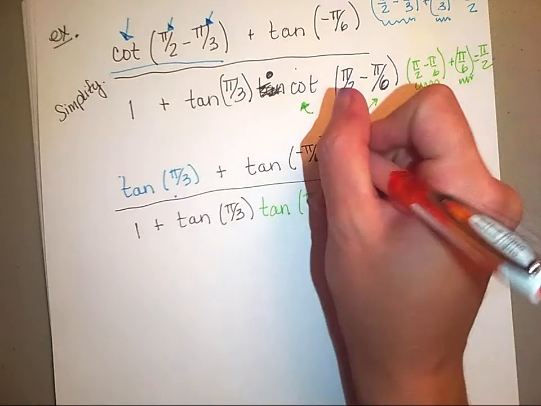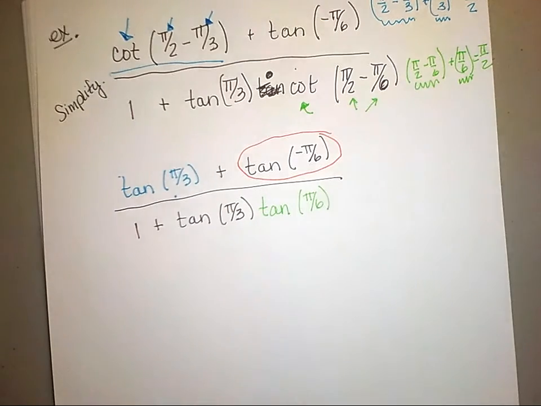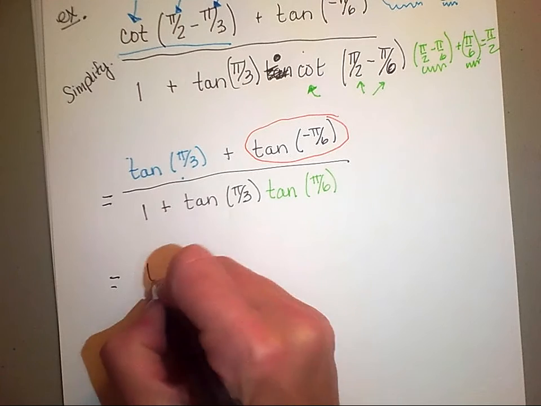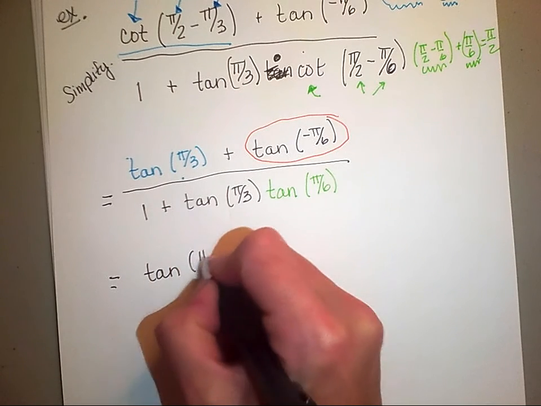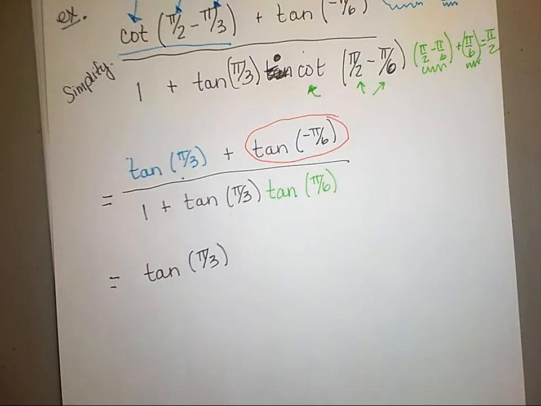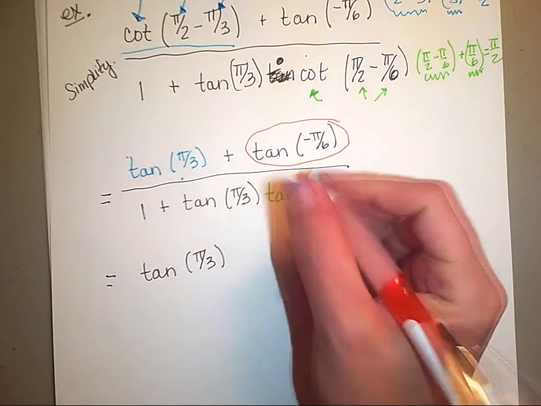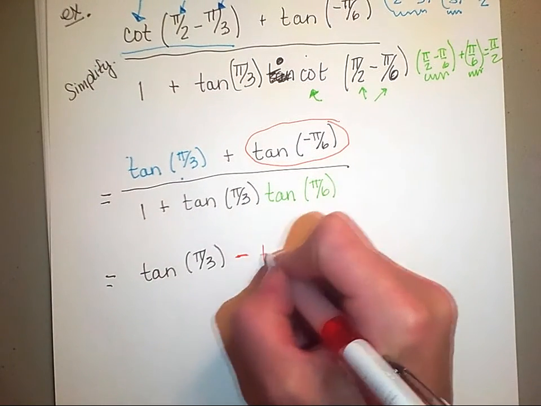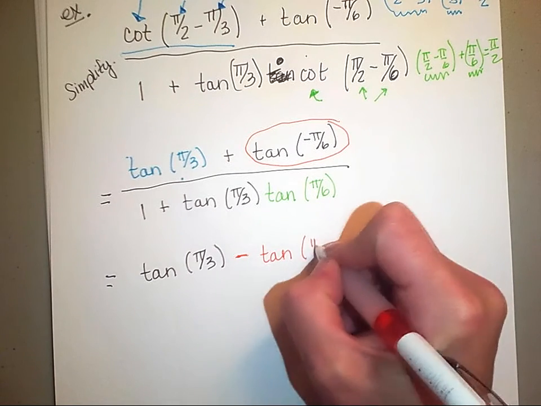But we can use our even and odd properties and think about this. I'm just recopying pi over 3. Now remember, tangent is an odd function, so this is the same thing as the negative of the positive angle.